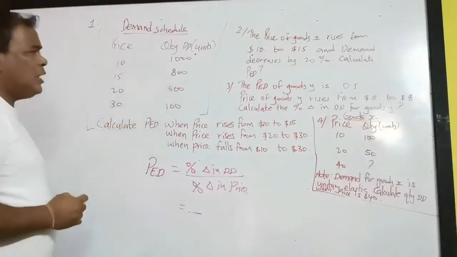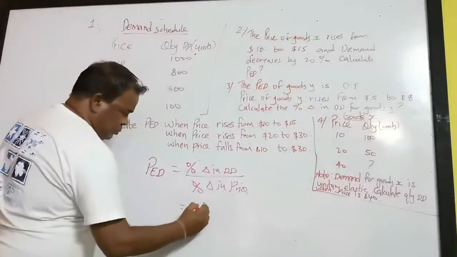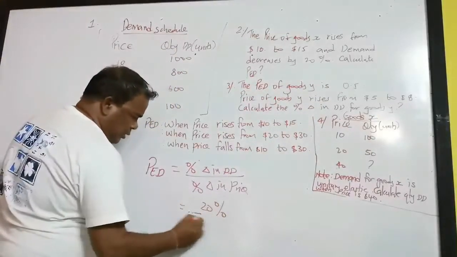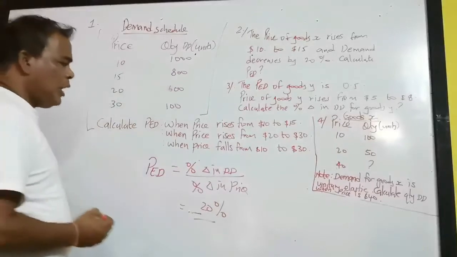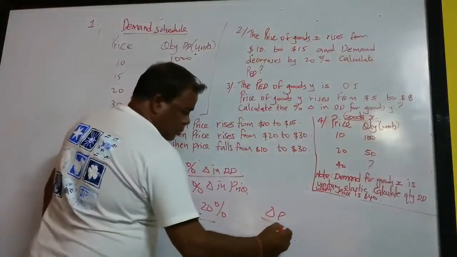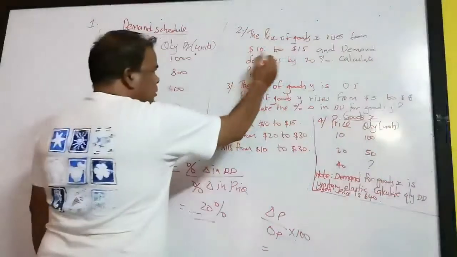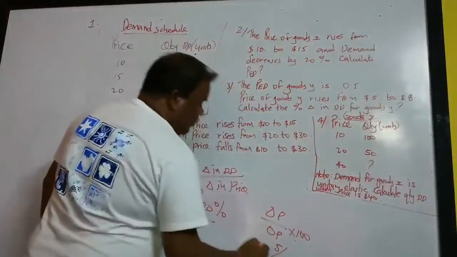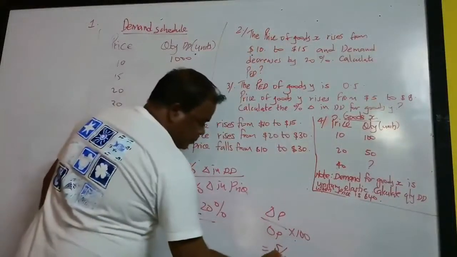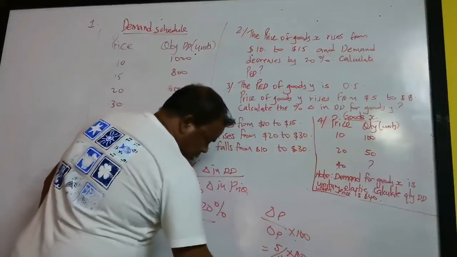Change in demand decreases by 20%. We replace in the formula change in demand by 20%. We have to calculate change in price over original price times 100. Change in price 10 to 15, change in price 5, original price 10 times 100. This will give us 50%.